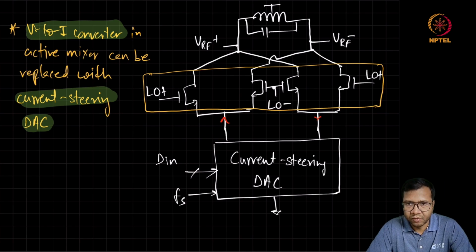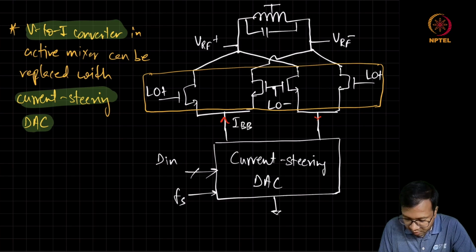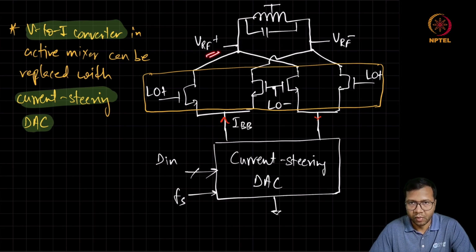We can see that there is no anti-imaging filter as such in this architecture. So let us try to look at how the spectrum is going to look for the baseband current and the RF output as compared to the spectrum of the signal in the digital domain.